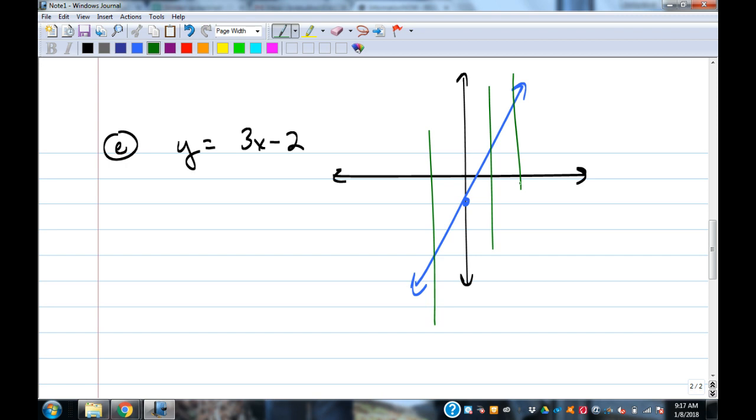Each time, this one only touches in one spot, this one only touches in one spot. I can't find a place on this graph where that line touches it twice. So it doesn't repeat x values. If it touched it twice, it fails. Okay, so this is a function because it passes the vertical line test.